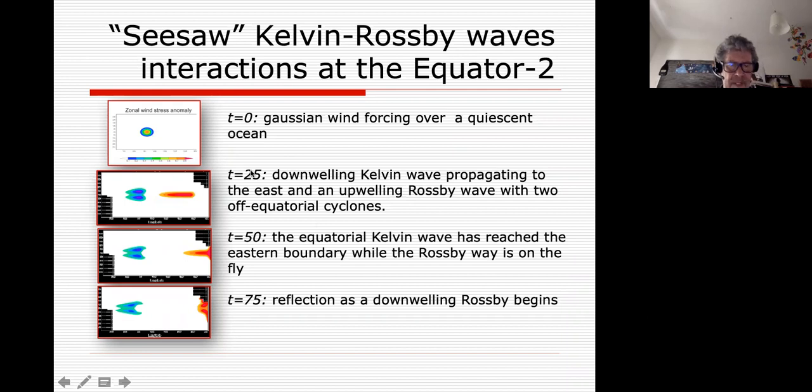The system can propagate the energy eastward in terms of downwelling Kelvin waves.